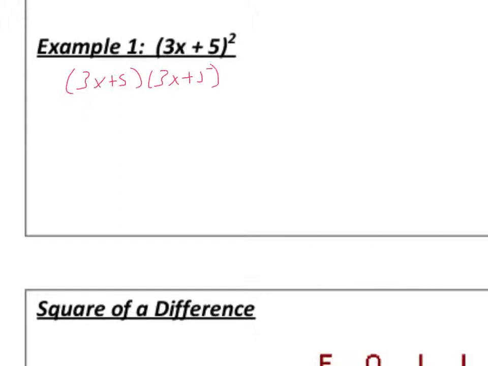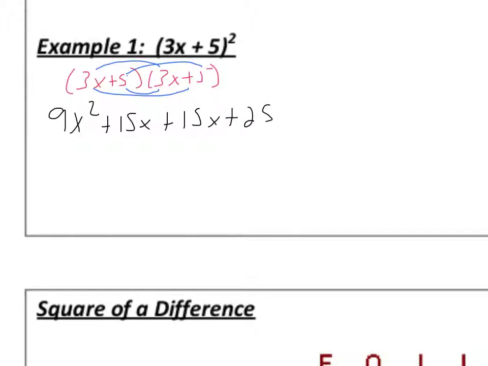So first times first gives us 9x squared. Outside gives us 15x. Inside gives us 15x. And last gives us 25.